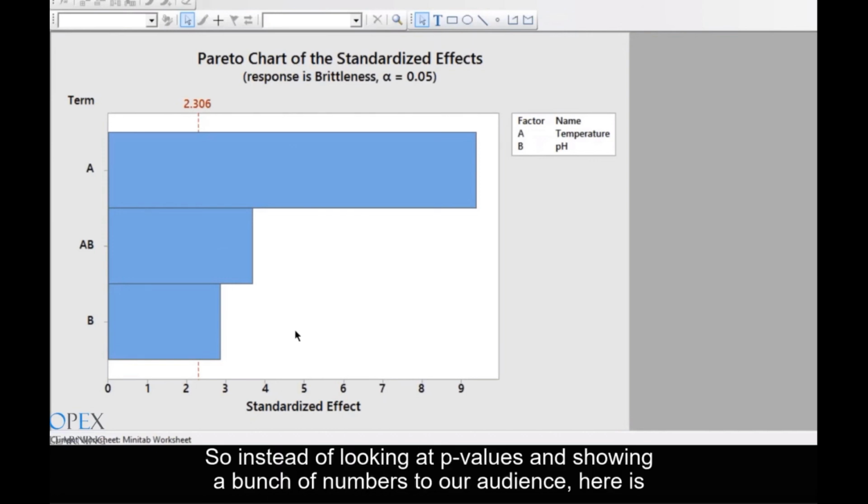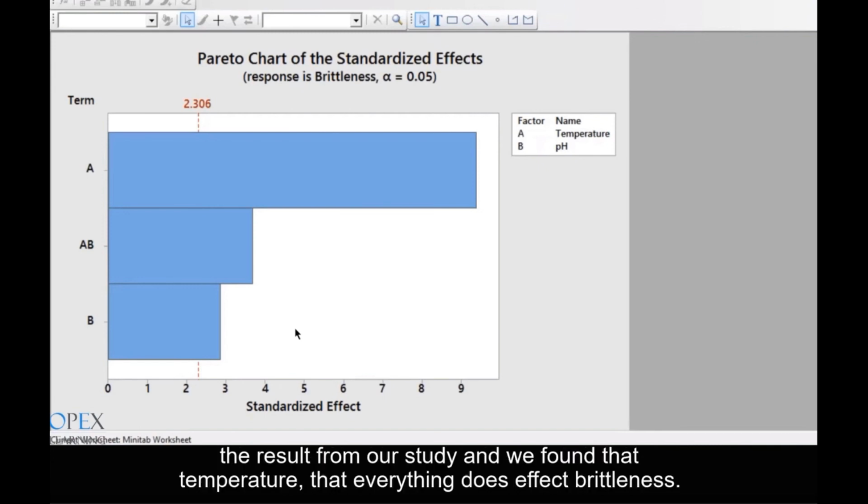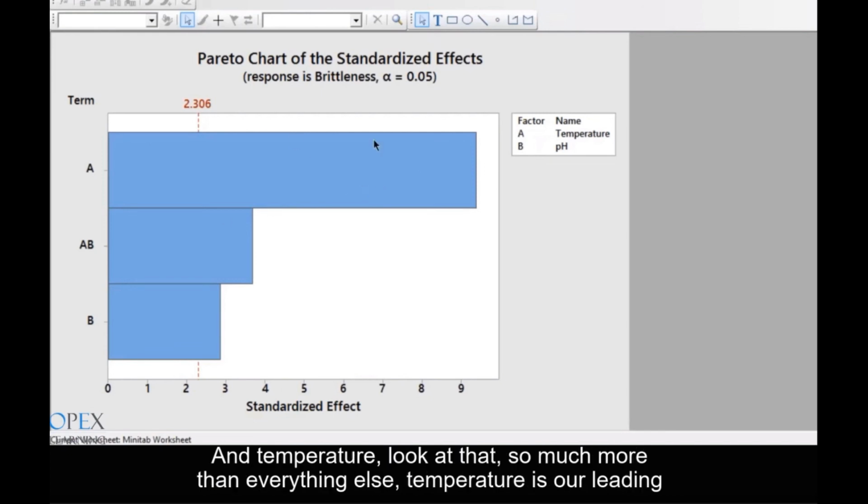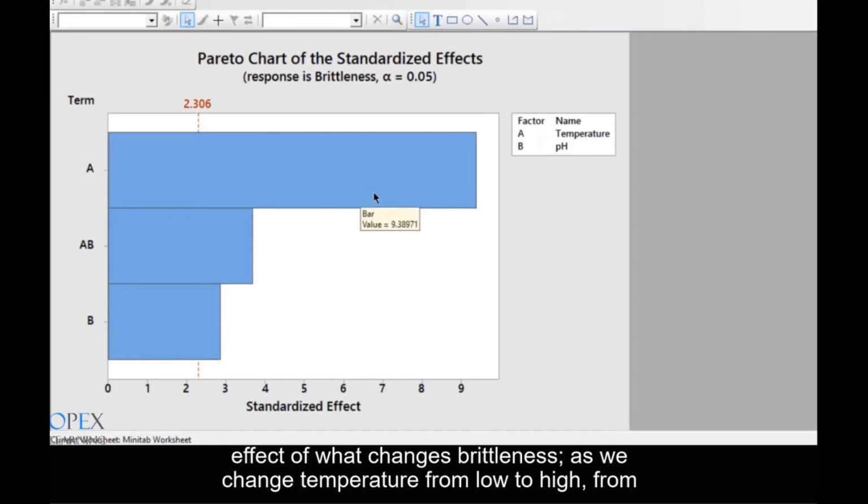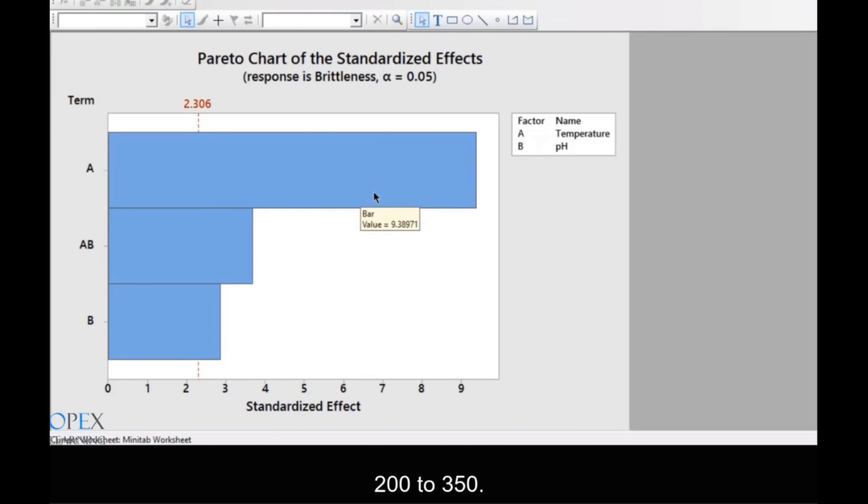So instead of looking at p-values and showing a bunch of numbers to our audience, here is the result from our study, and we found that everything does affect brittleness, and temperature, look at that, so much more than everything else. Temperature is our leading effect of what changes brittleness as we change temperature from low to high, from 200 to 350.